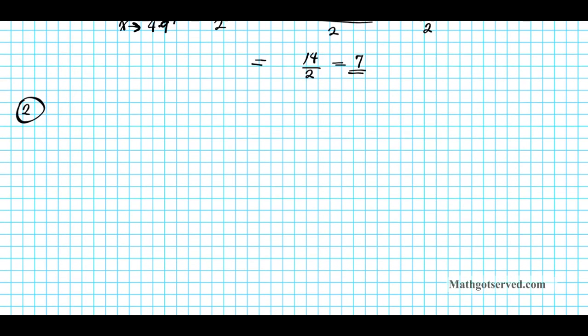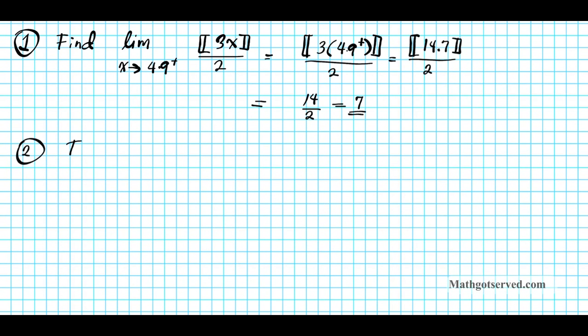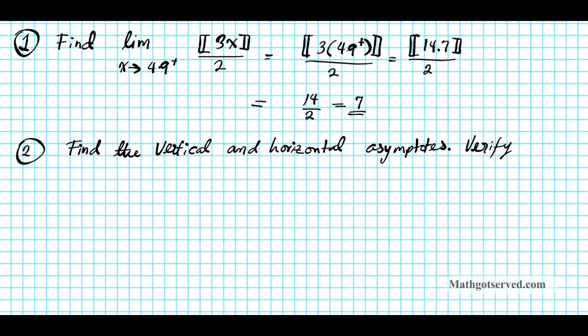For problem 2, we are to find the vertical and horizontal asymptotes, and then you're to verify your vertical asymptotes using limits.